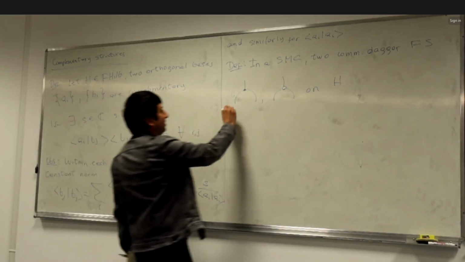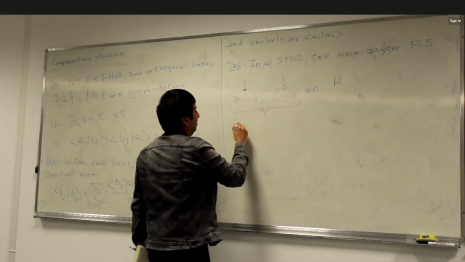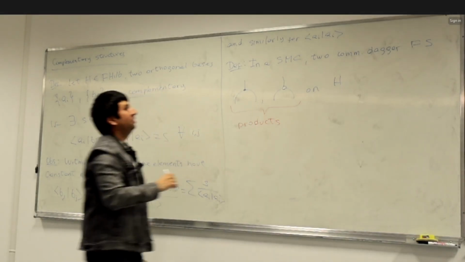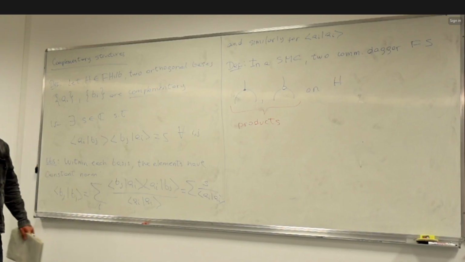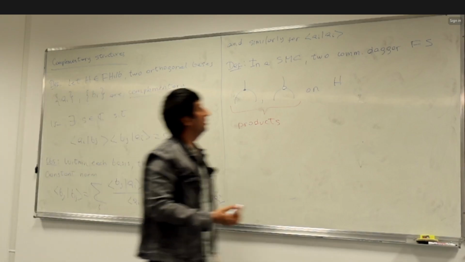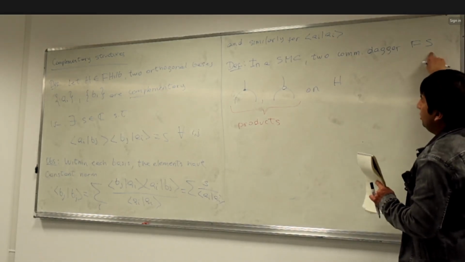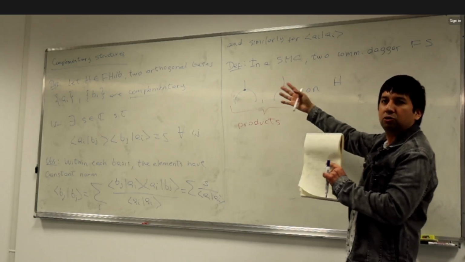They both are products. And we are considering dagger Frobenius structure. It's enough to give two products.